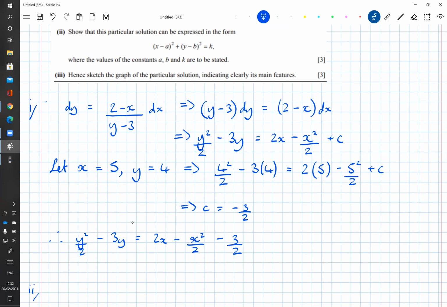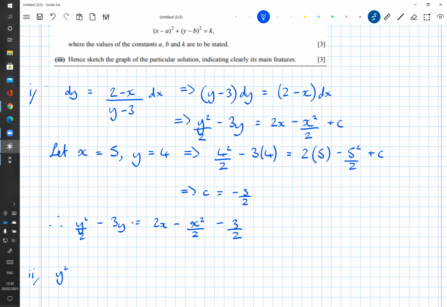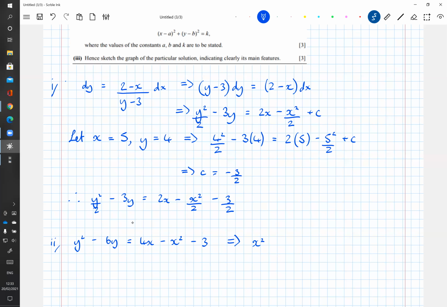So I think it makes sense to times everything by 2 first. Okay, so we can see that this is a particular type of equation that you're used to seeing. So take everything over to the other side.